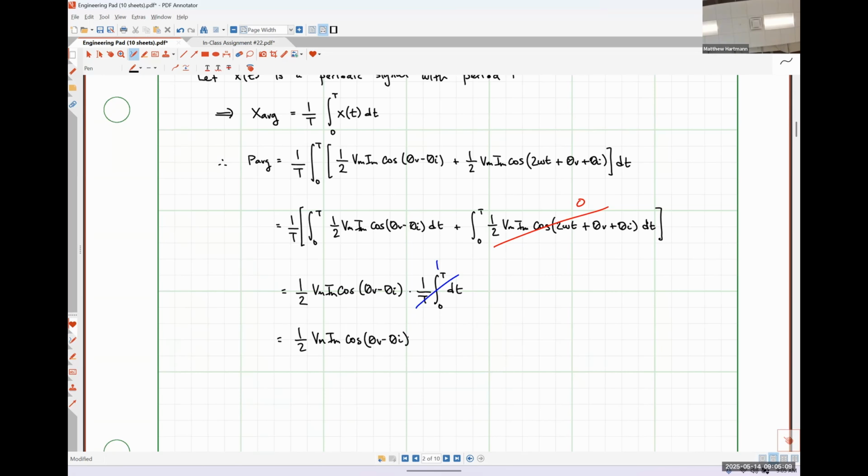So we've now got a more formal mathematical proof that our assumption about the average power is correct. And we'll use this as a jumping off point to determine what are called effective values for periodic signals at the beginning of class on Friday.